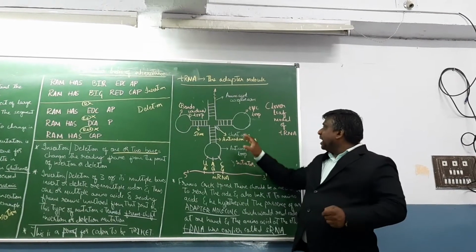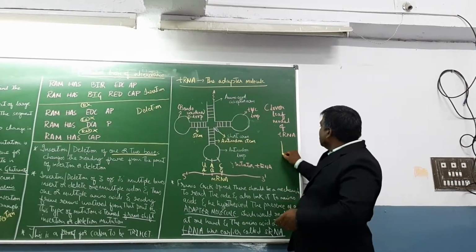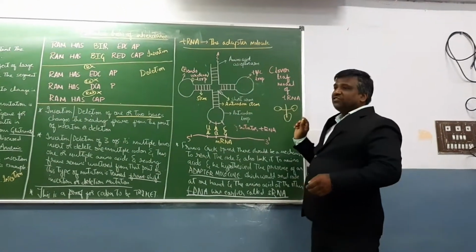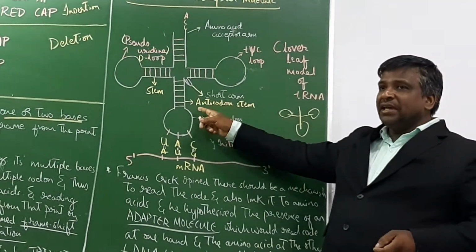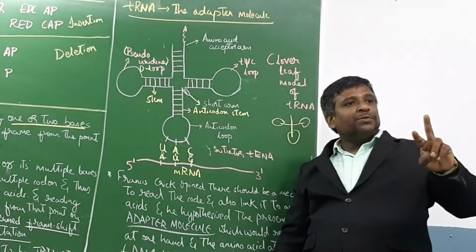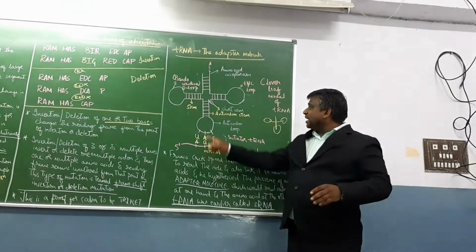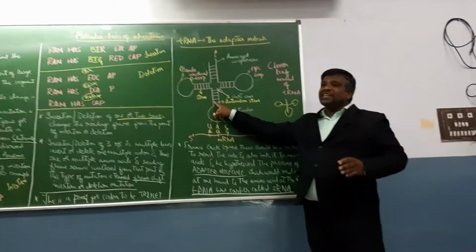Okay, so you have three leaves. So clover leaf model. Clover leaf is somewhat this way. So the clover leaf model of tRNA. What you can see is they have base pairing at certain ends and there is no base pairing at certain ends. Where there is no base pairing, we call it a loop. Where there is base pairing, we call it a stem.